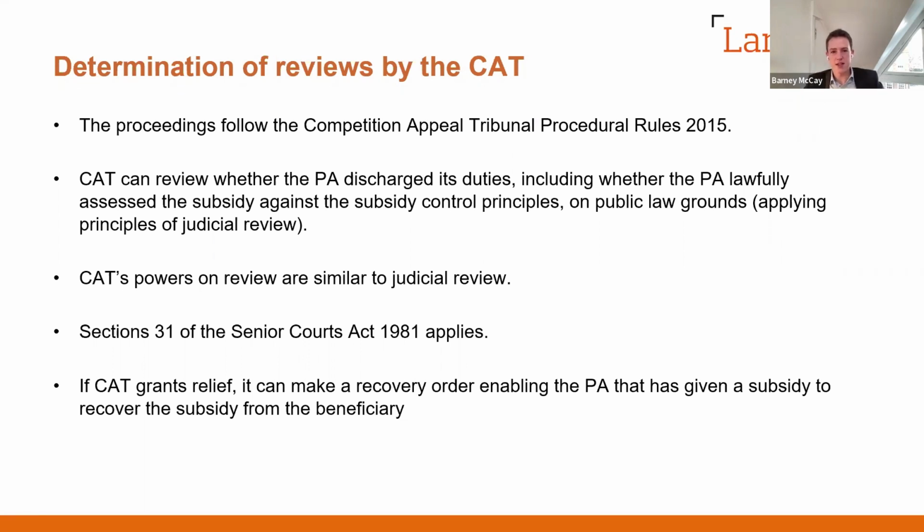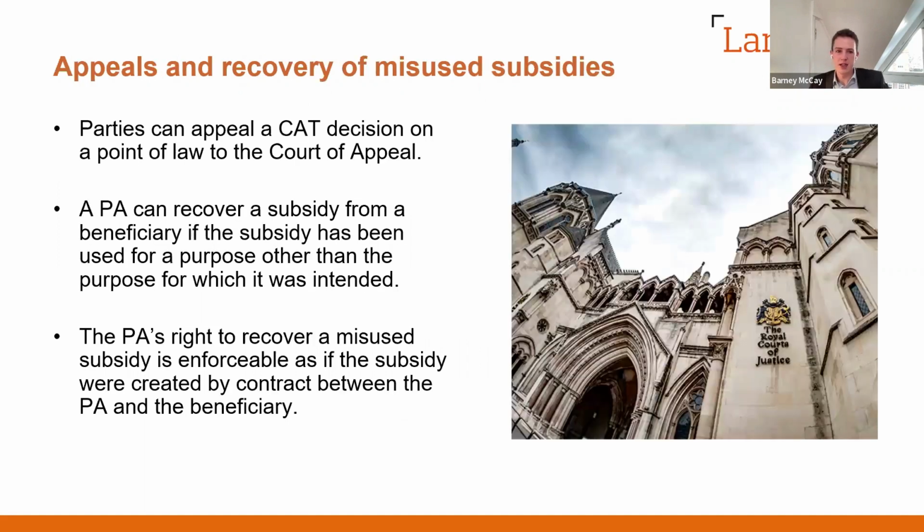In terms of appeals and recovery of misused subsidies, parties can appeal a Competition Appeal Tribunal decision on a point of law to the Court of Appeal. Under Section 77 of the Act, a public authority can recover a subsidy from a beneficiary if the subsidy has been used for a purpose other than the purpose for which it was given.